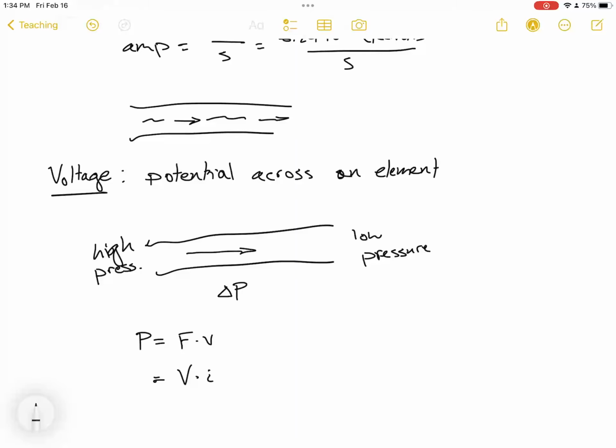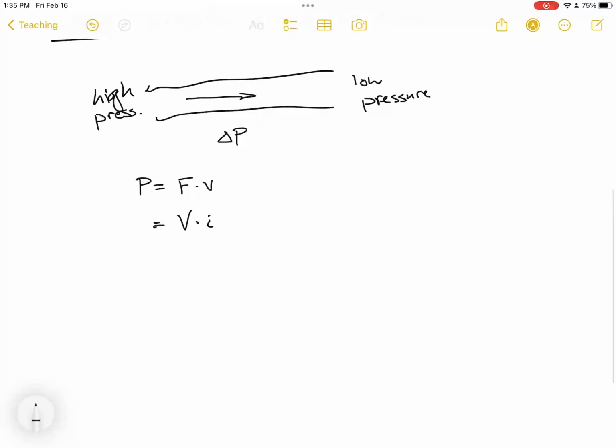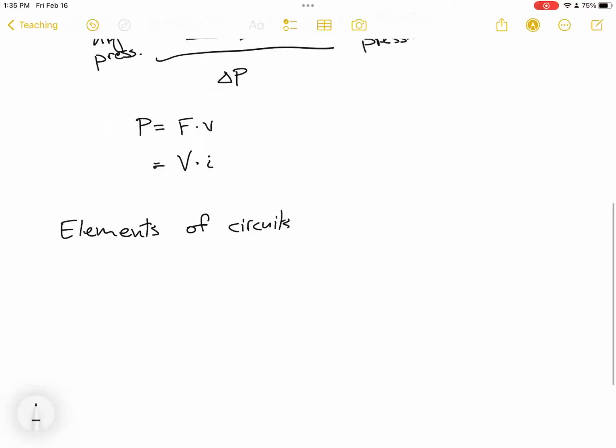And so we're going to be talking about three different passive elements of electrical circuits. The first is a resistor.